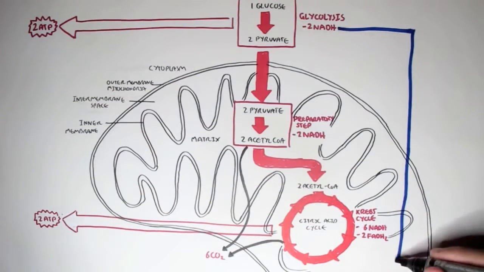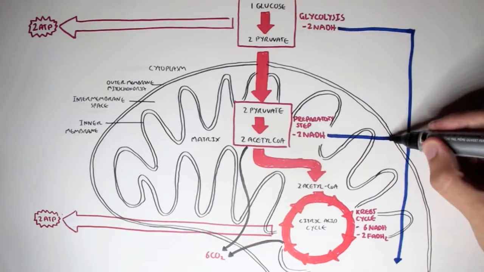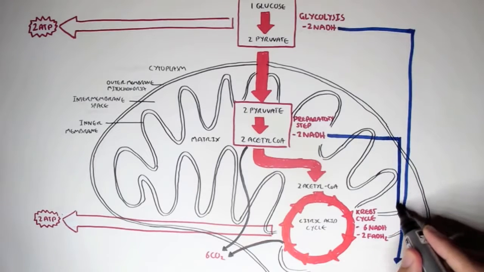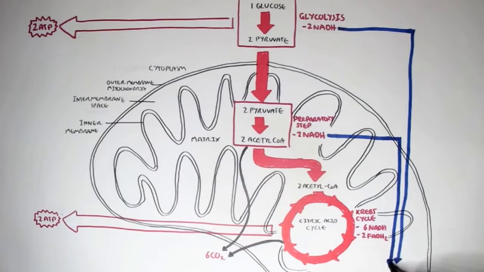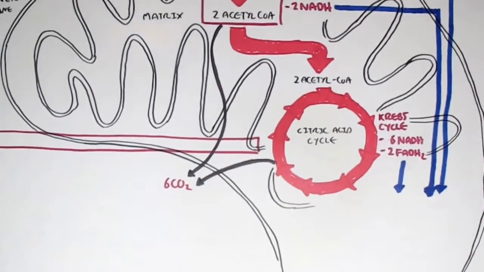And from the Krebs cycle, we yielded six NADHs and two FADH2s. So what are these? They are electron carriers. That is what they are. And we use them to feed into the oxidative phosphorylation, into the electron transport chain, so that we can make ATPs out of them, so we can make energy out of them.